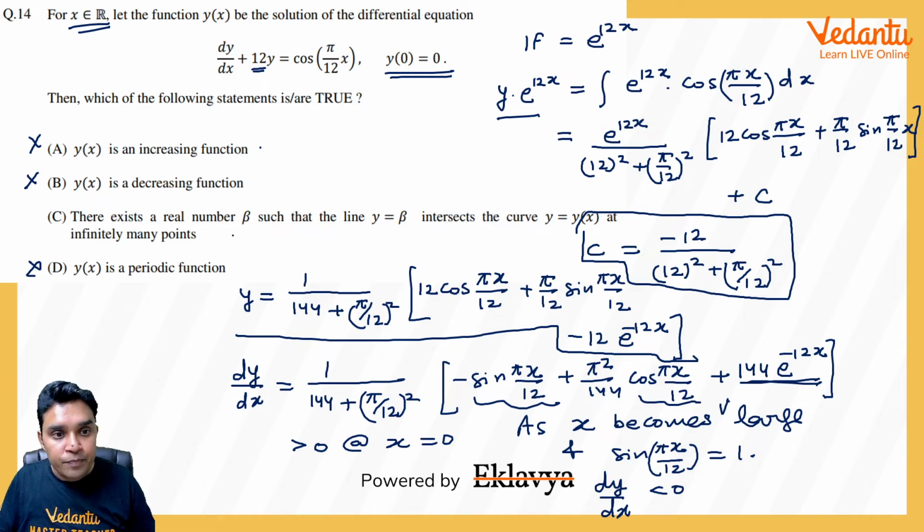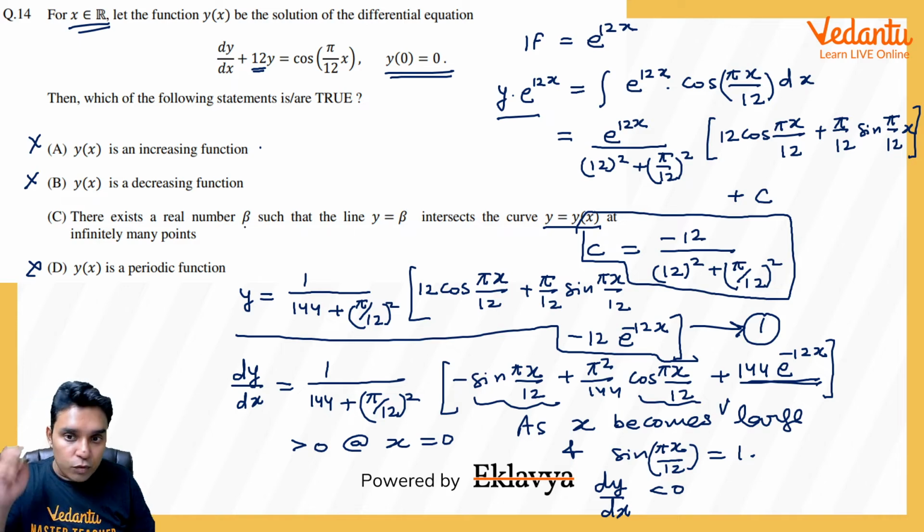What it is saying is there exists a real number beta such that y is equal to beta intersects the curve y is equal to y(x). y is equal to y(x) is this curve. Let me write this as equation number 1, at infinitely many points. To prove that, I will once again use the same logic.